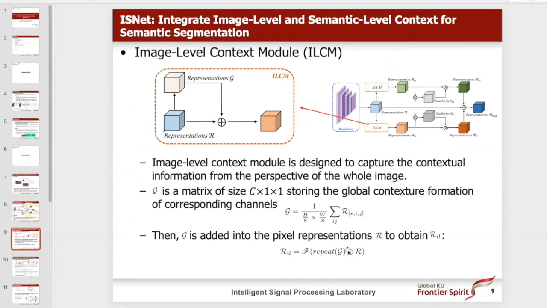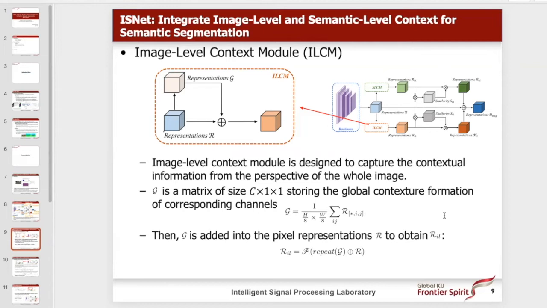So by doing so, you're essentially, in the end, adding the stuff, right? Yes. Okay, and so you compute this R sub IL, which in a way is sort of like adding some mean values to the representations in the end.